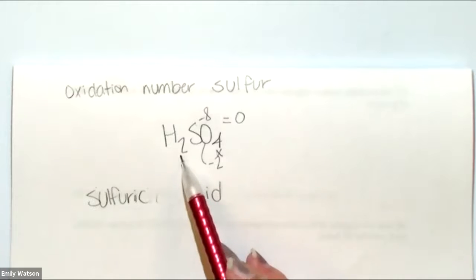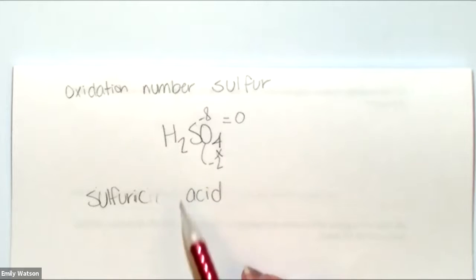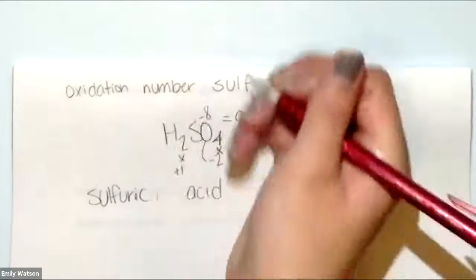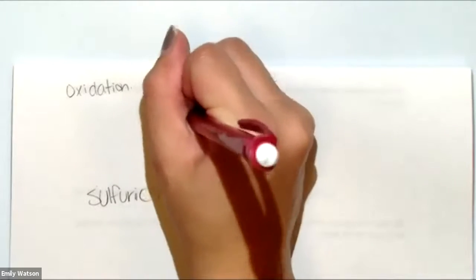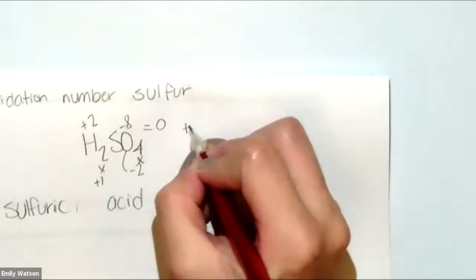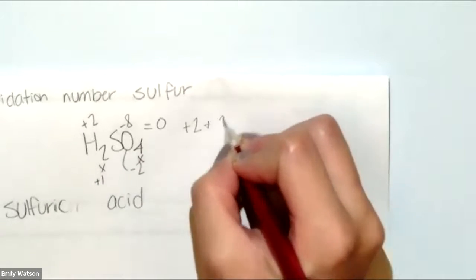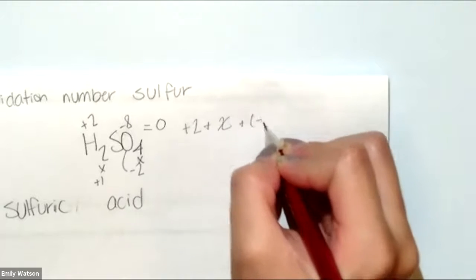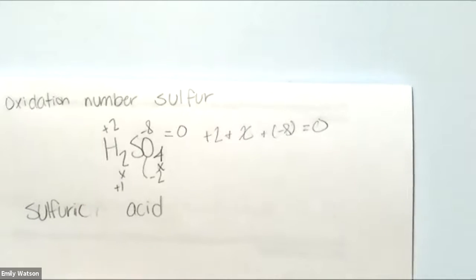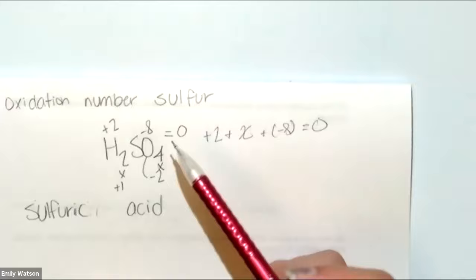What about hydrogen? 2 times +1 or 2 times -1? Positive. So basically what it comes down to is we have +2 plus x plus -8 is equal to 0. Yeah, the question will ask you.